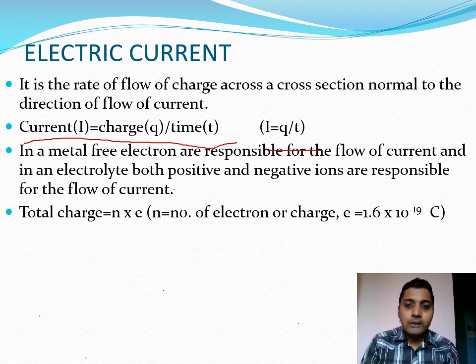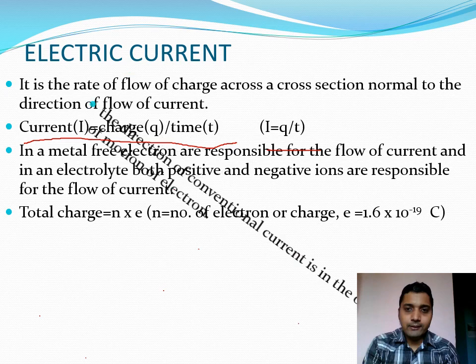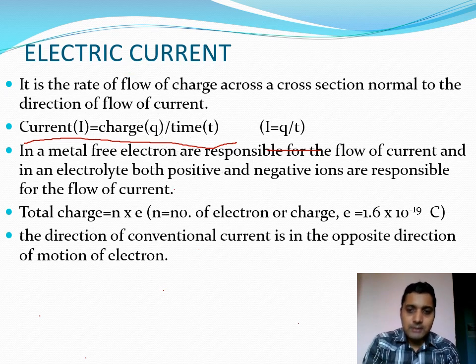Total charge equals n into e, where e is the charge of one electron, which is 1.6 into 10 to the power minus 19 coulomb, and n is the number of electrons. So if we know the number of electrons, we can calculate how much charge, or if we know the total charge, we can calculate the number of electrons. And one more thing: the direction of conventional current, as I told before, is opposite to the direction of motion of electrons.